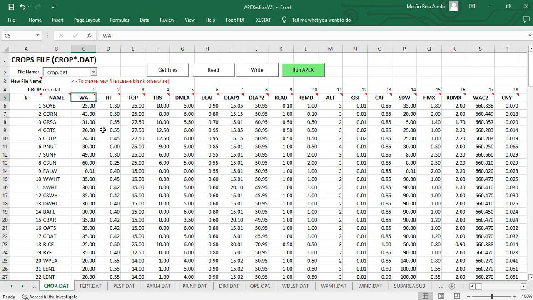This one, biomass energy ratio and harvest index, and this is the optimal temperature, base temperature, and this is about maximum potential leaf area index. Up to this one, up to number 8, these are the ones that you find in most of the literature to be modified slightly for crop calibration.